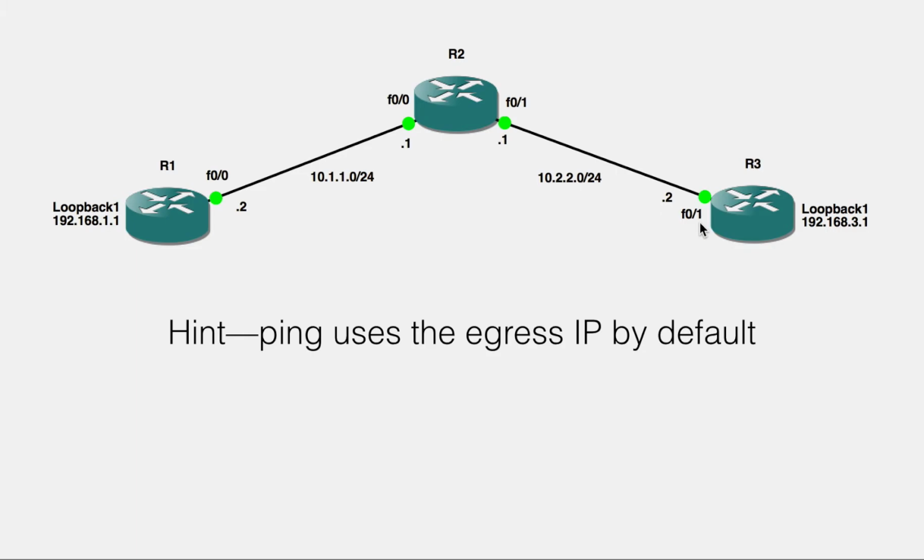So what we're really confirming here is that we're getting traffic between this FA0/1 interface and loopback 1. Well, when our traffic was failing, we were sending traffic from router 1 to the loopback 1 interface on router 3, and that would be sourced from this IP address that's here, 10.1.1.2. So that, for some reason, doesn't seem to be reaching our router 3's loopback network.